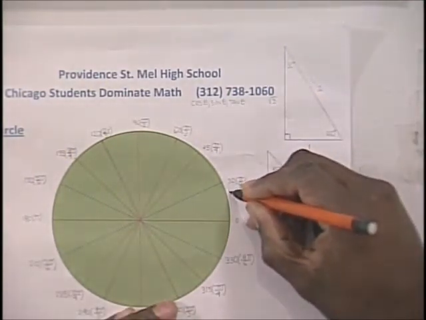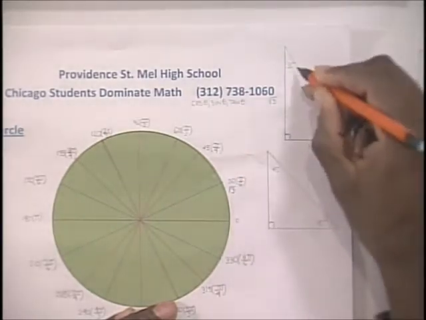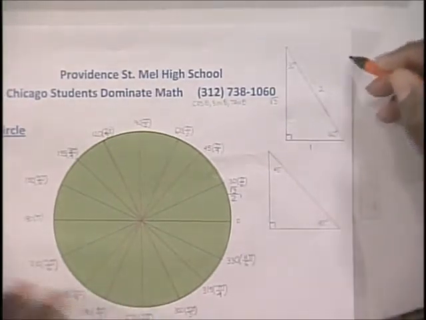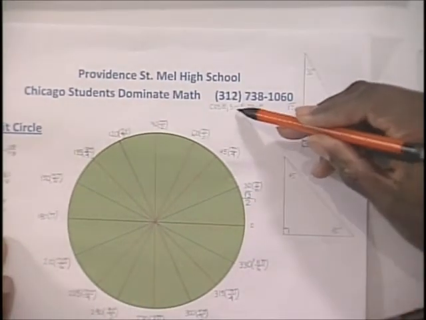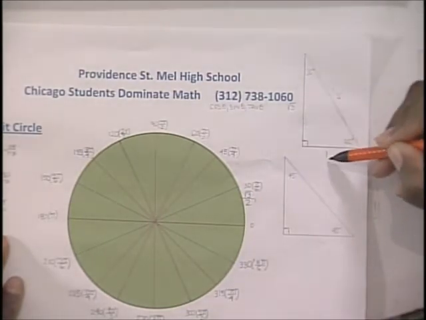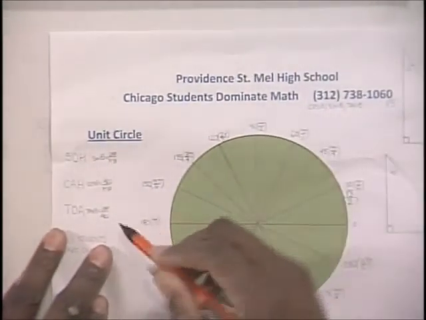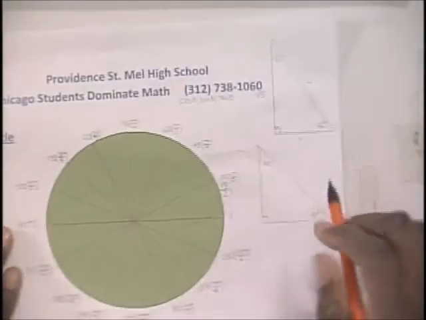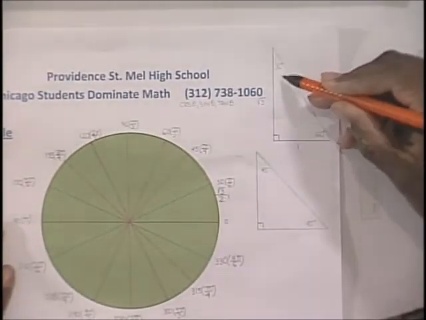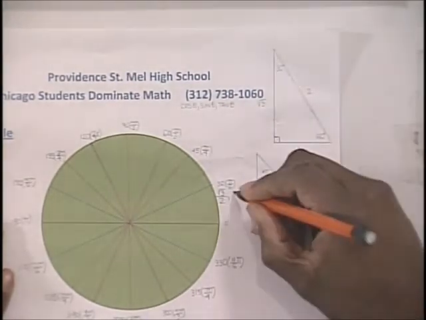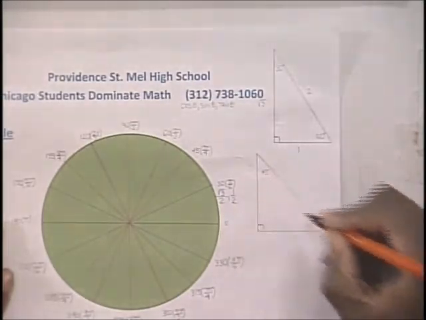So the cosine of 30 is radical 3 over the hypotenuse, which is 2. Now the sine of 30, sine, we talked about, is the opposite over the hypotenuse. The opposite of 30, or across from the 30, is 1. The hypotenuse is 2, so you end up with 1/2.